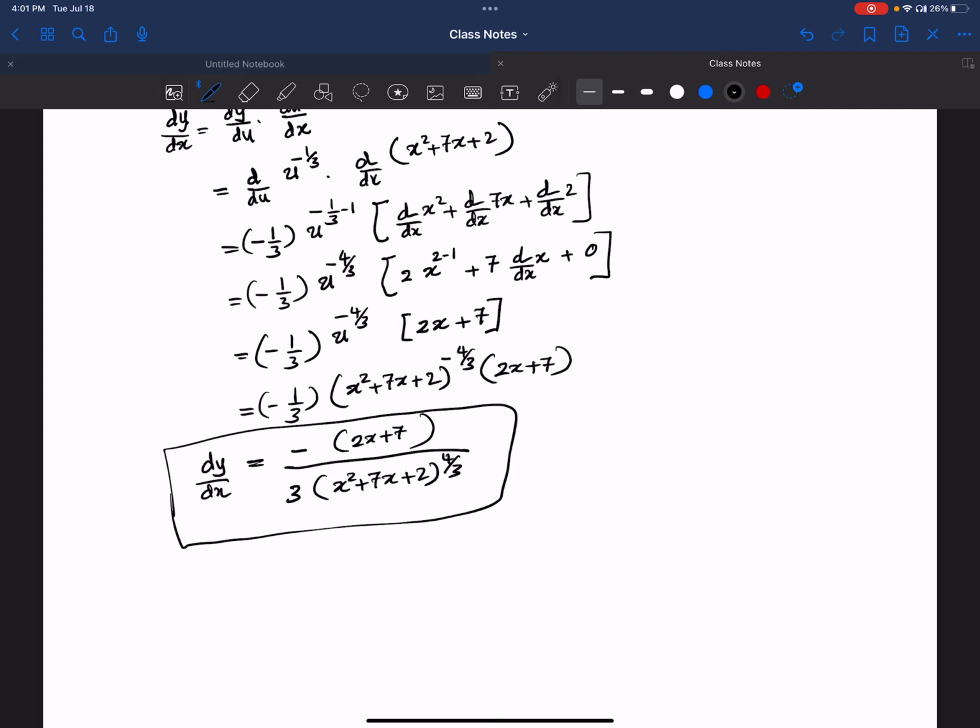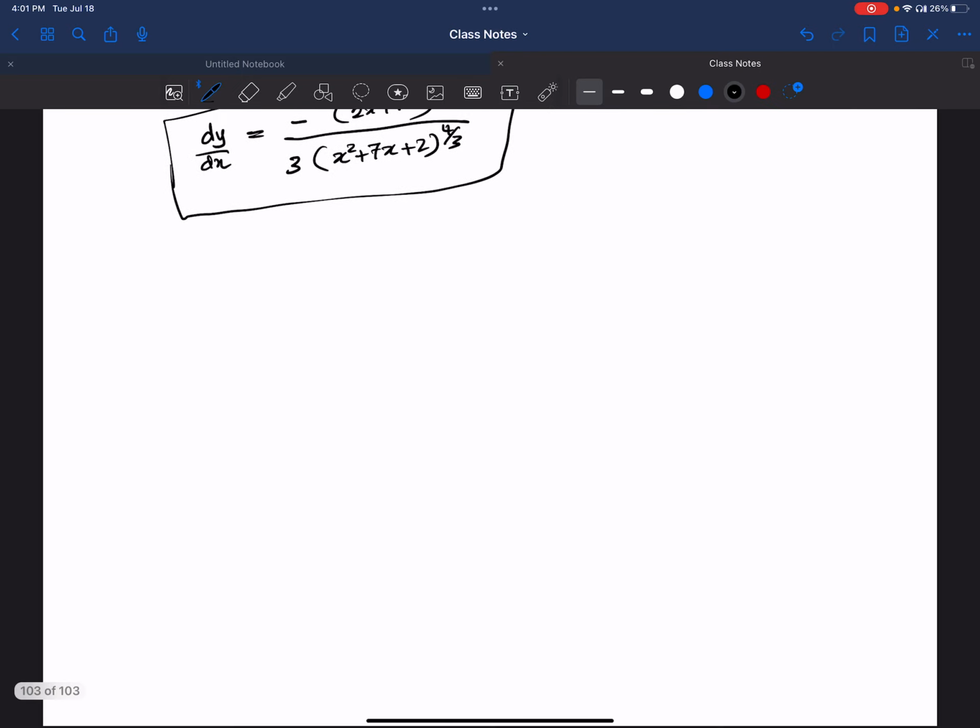And if you take another function, y equals e to the power, let's say, x squared times x plus 2, for example.